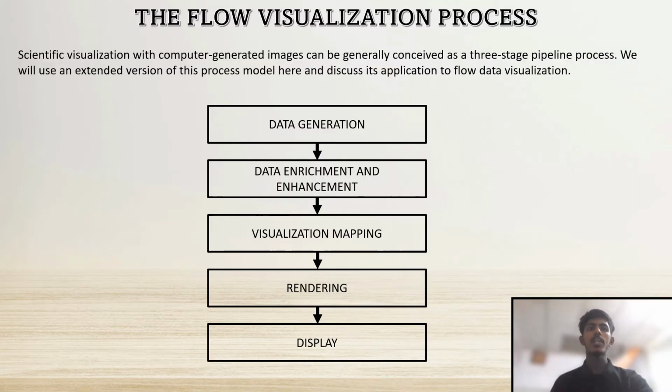Thank you to Amirul Aiman. My name is Yoganathan, son of Magesoran. My metric number is 01DKA21F1049. Next, I am continuing with the flow visualization process. Scientific visualization with computer-generated images can generally be conceived as a three-stage pipeline process. We will use an extended version of this process model here and discuss its application to flow data visualization.